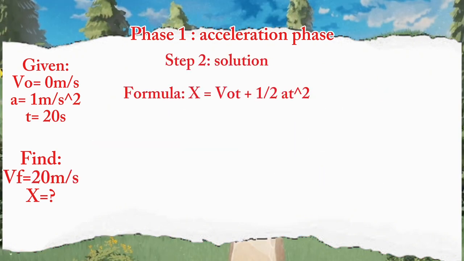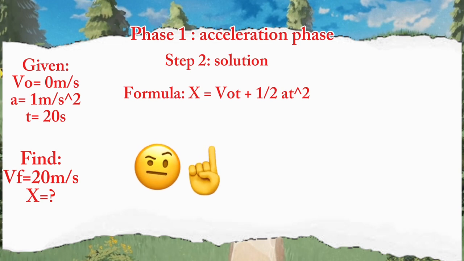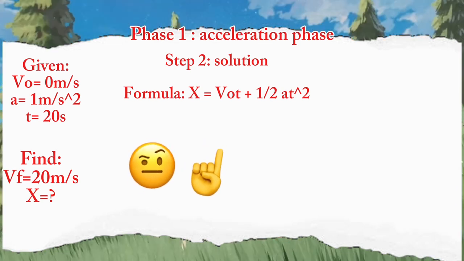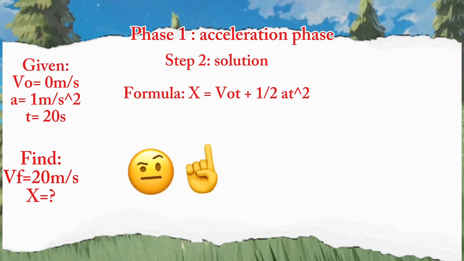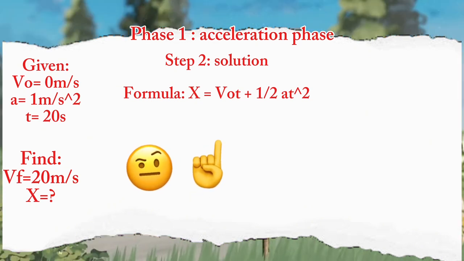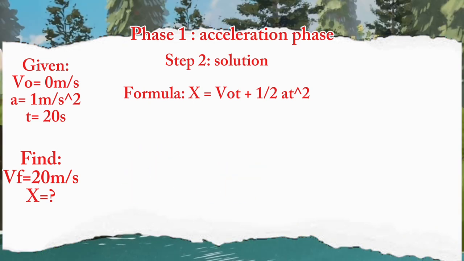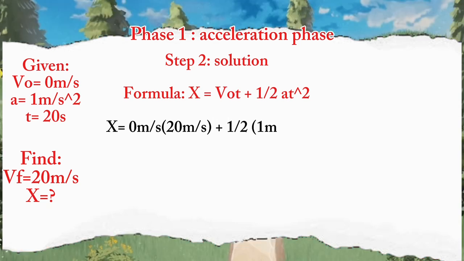Step 2. Distance traveled during acceleration. Now we will be using the second equation of motion, which is position equals initial velocity times the time plus 1/2 times acceleration times the time squared. Now let's substitute the givens. Position equals 0 meters per second times 20 seconds plus 1/2 times 1 meter per second squared times 20 seconds squared.